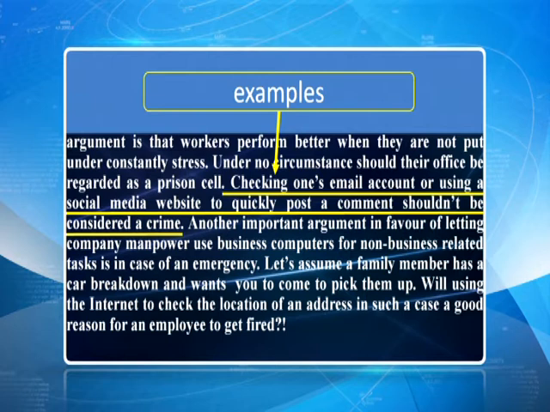Checking one's email account or using a social media website to quickly post a comment shouldn't be considered a crime. Okay? So this is a concrete example, as I said. Here is another example. Okay? Let's assume a family member has a car breakdown and wants you to come to pick them up. So this is an authentic situation.